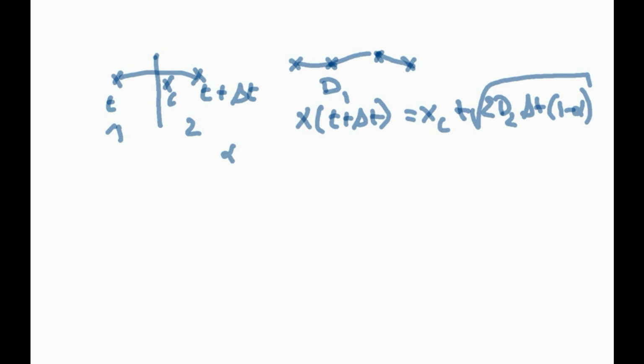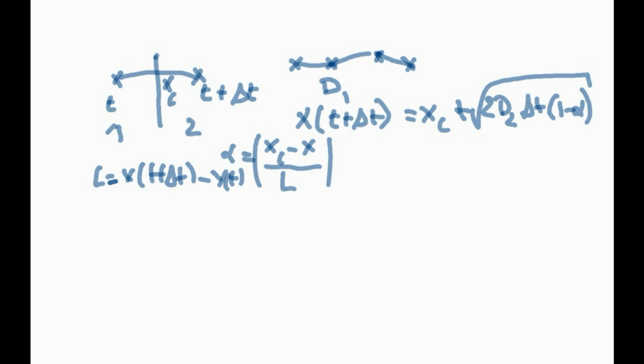So alpha is x_c minus x(t) divided by the total length L of the trajectory, which is x(t plus delta t) minus x(t). So this shows that at the interface we need to correct the classical scheme.